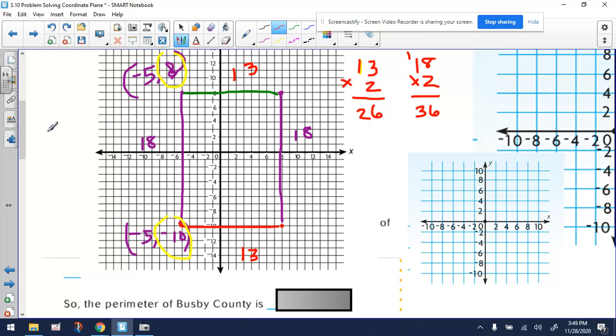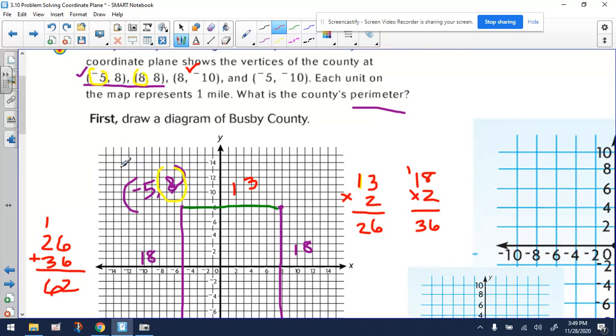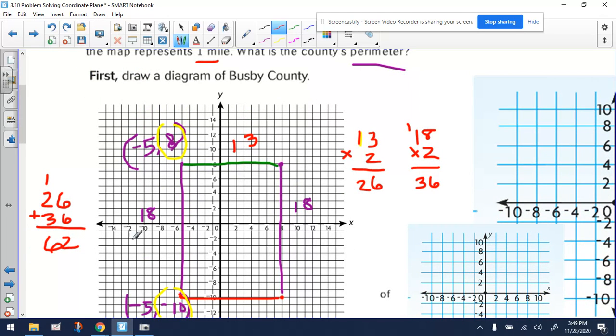So really, we just have to add the 26 plus the 36 to get the perimeter. And if we do that correctly and carefully, it's easy to make a mistake, then we end up getting 62. And let's see, what is it? Miles? Yes. 62 miles going around the rectangle.